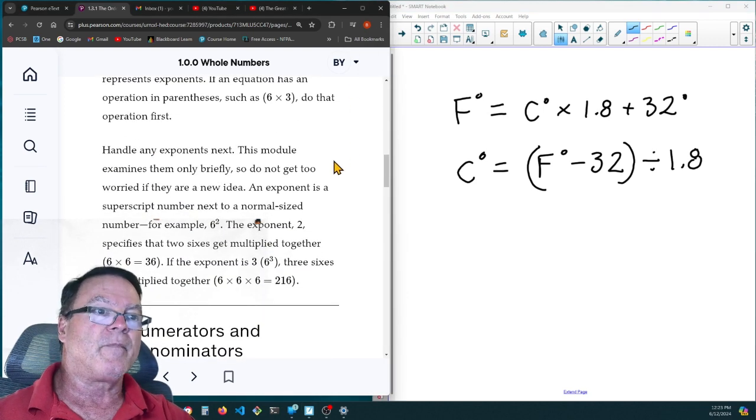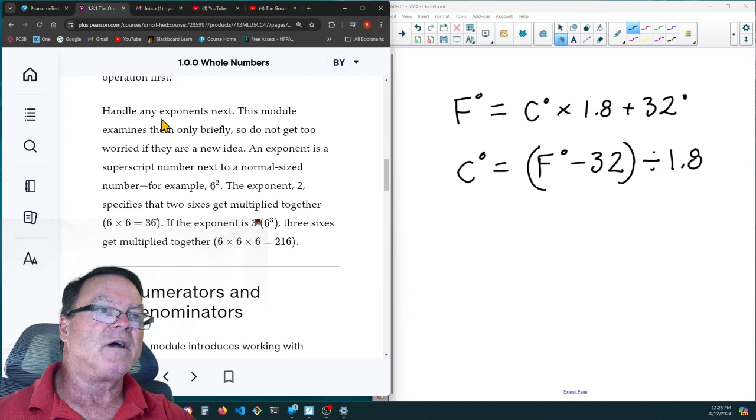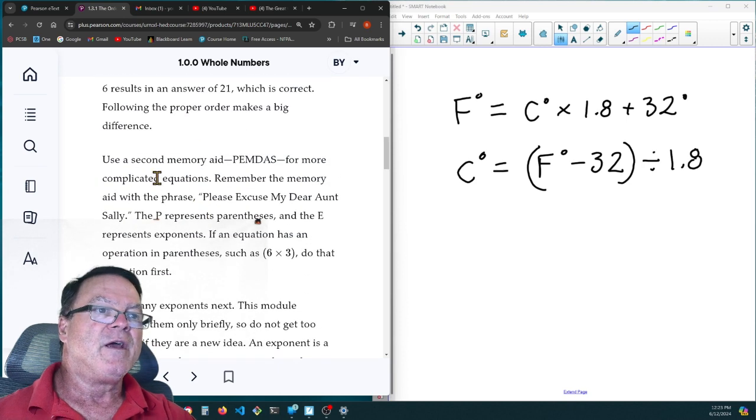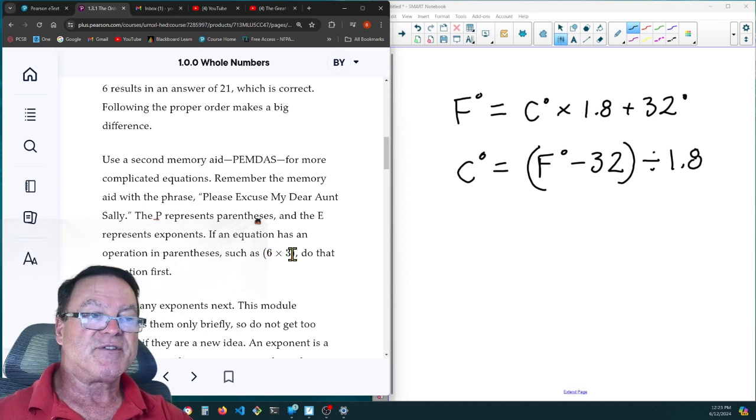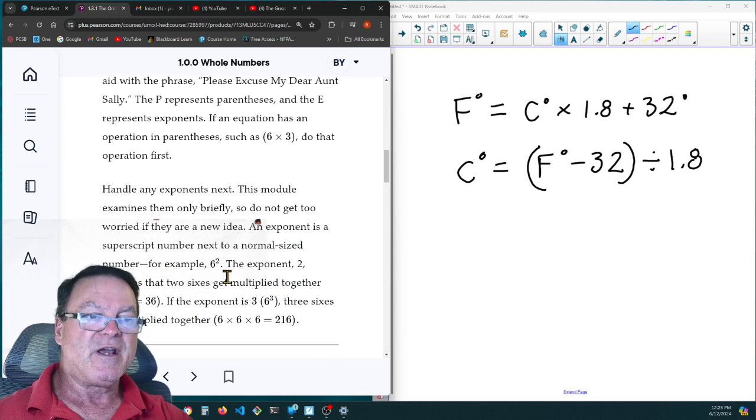So it says the P represents the parentheses and the E represents exponents. If an equation has an operation in parentheses, such as parenthesis 6 times 3 close parenthesis, do that operation first.